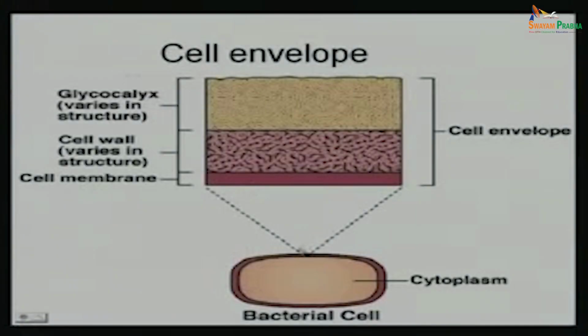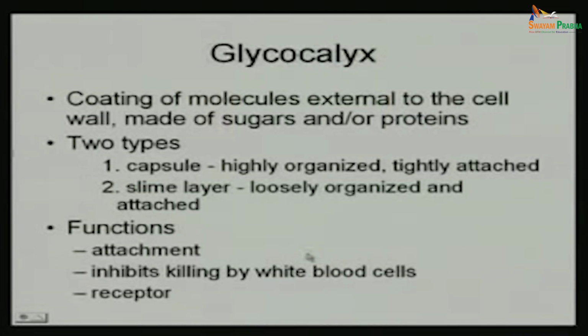Now, if we magnify the cell wall of this bacteria, we can find that the glycocalyx is the coating of molecules external to the cell wall, made up of sugars and proteins. We can get two types of glycocalyx.